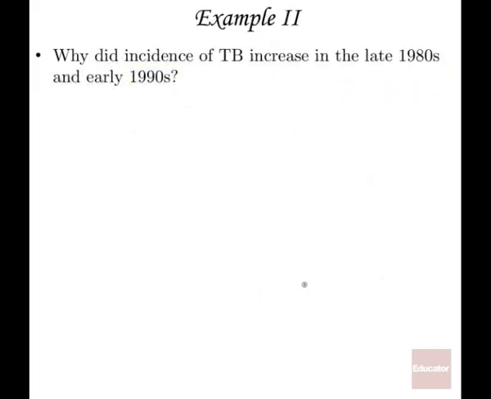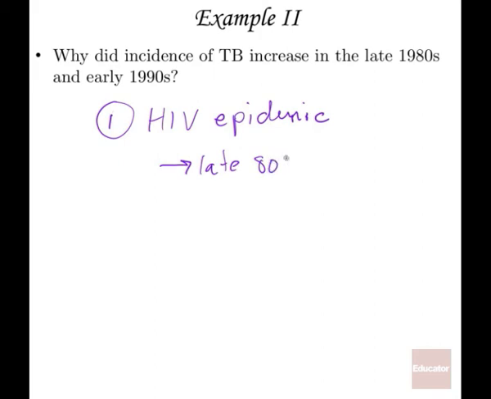So why did the incidence of TB increase in the late 1980s and early 1990s? Number one, because of HIV. The HIV epidemic really came on the scene in the United States in the late 80s to early 90s. And at that time, we had no treatment for HIV.